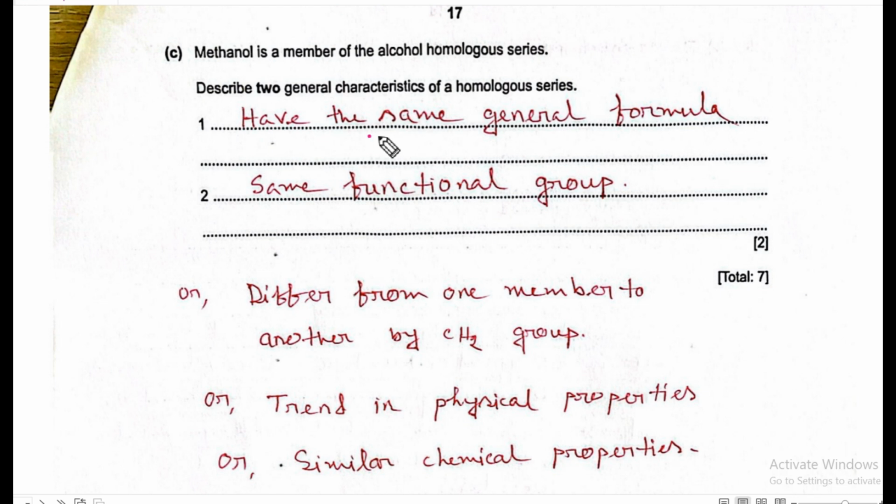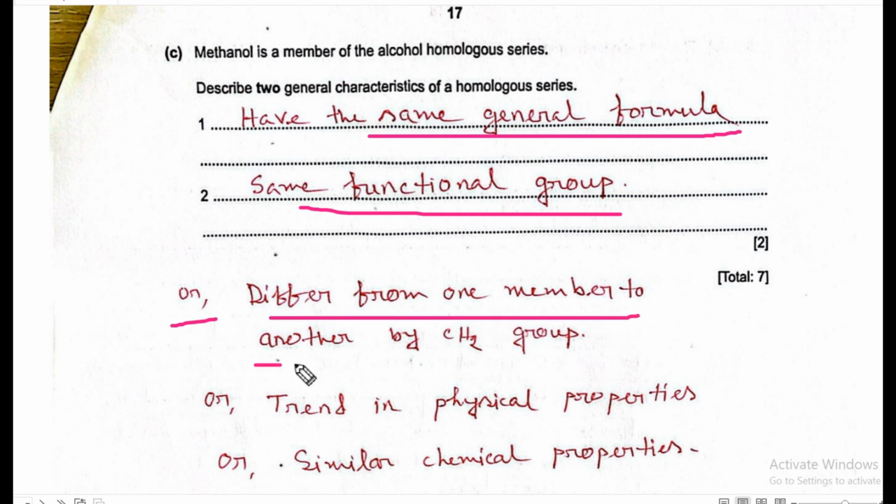You can write have same general formula, same functional group, or you can write differ from one member to another by a CH2 group, or neighboring members are different by a CH2 group.